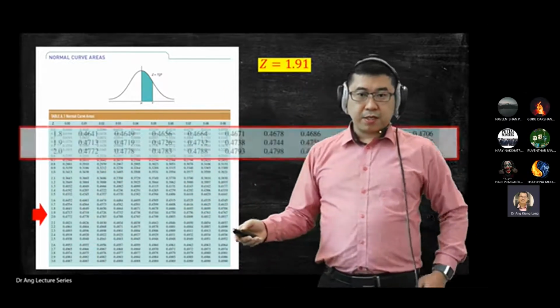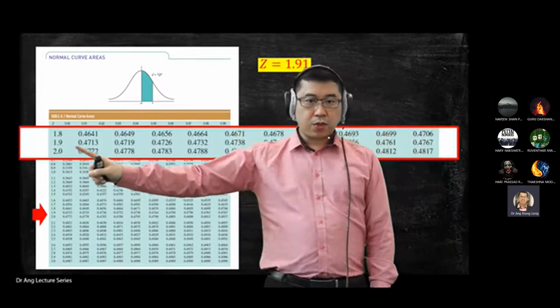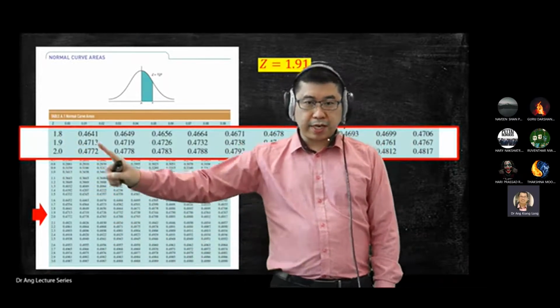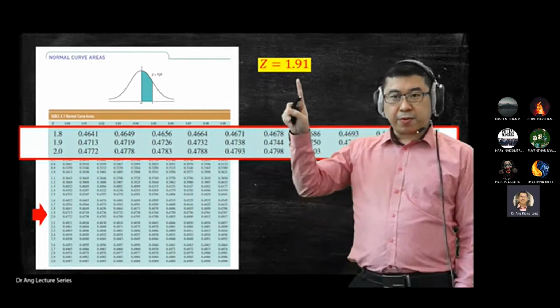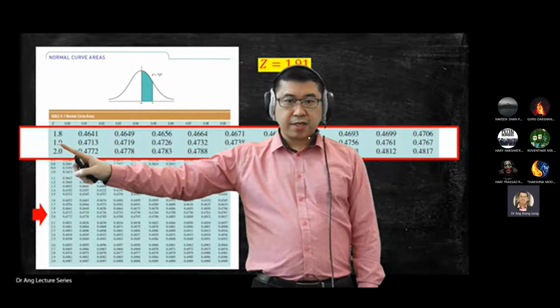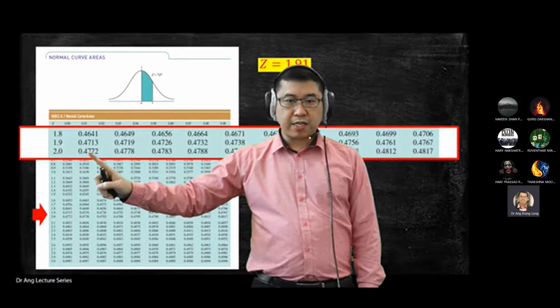So you look through: 1.8, 1.9, 2.0, and then this one is column 0. At 1.9 you get this value, at 2.0 you get this value.